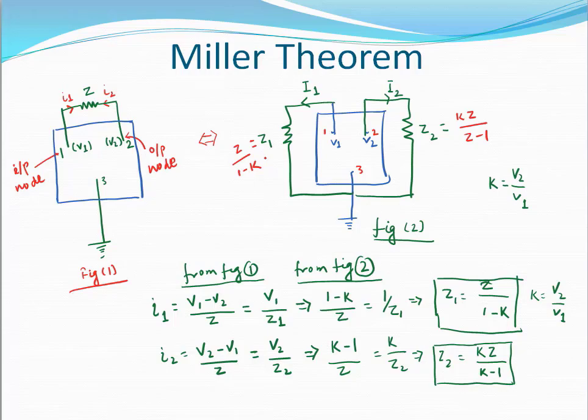Z1 is equal to Z by 1 minus K, and on the output side the broken Z2 is directly KZ by K minus 1, and K is nothing here but the voltage gain.